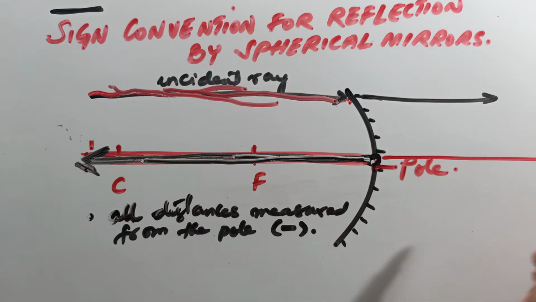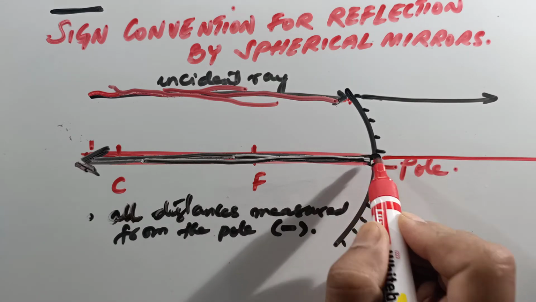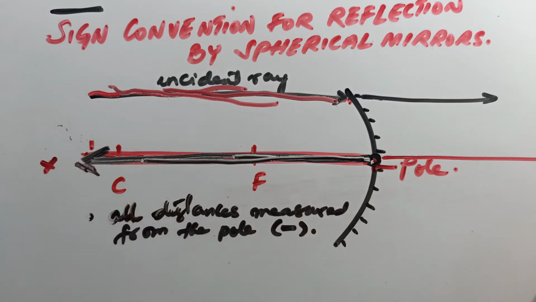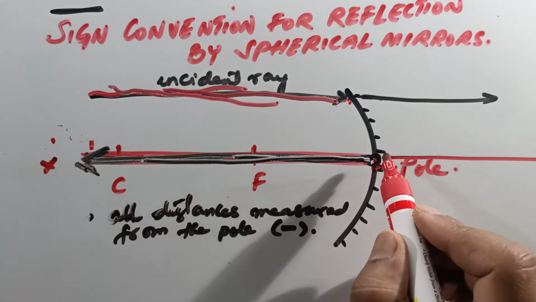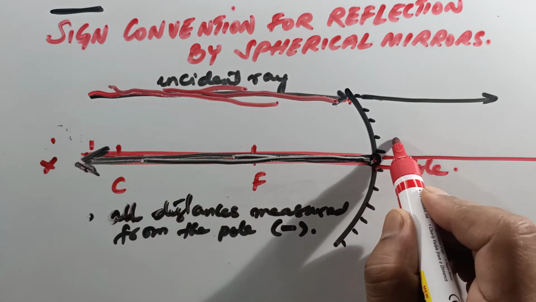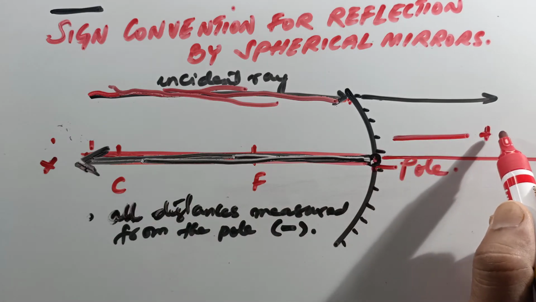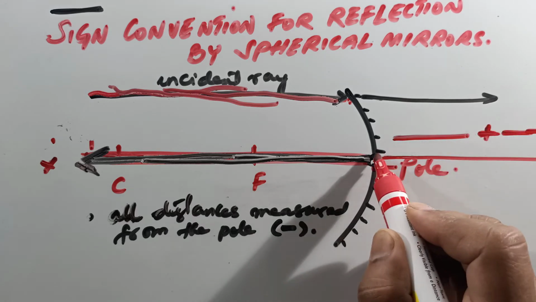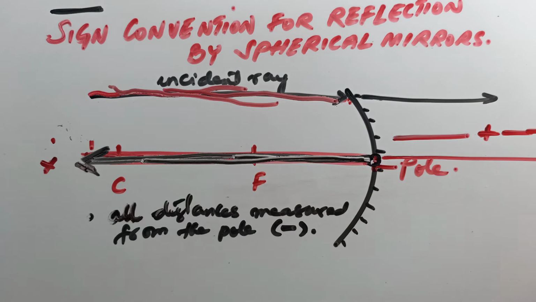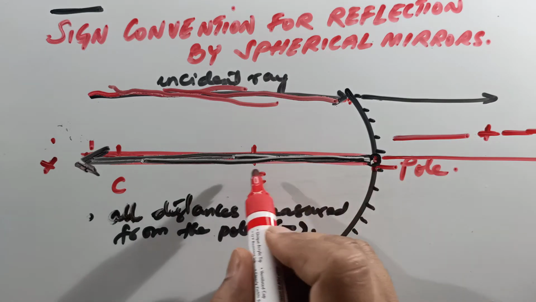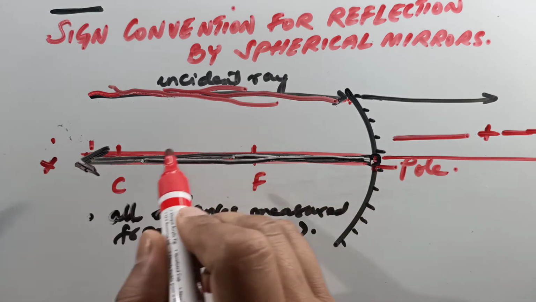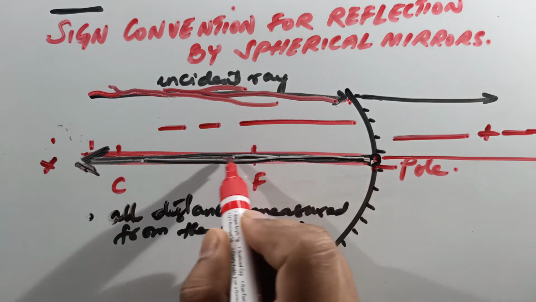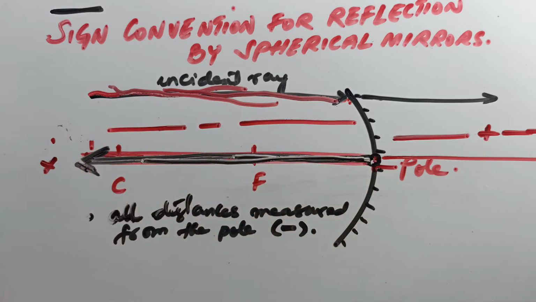Let me extend it. Even in a graph, if this is the origin and this is the x-axis, x dash, all distances measured here are going to be positive. Everything measured from the pole towards the right side will be positive. And in the x-axis this is negative, so all distances measured from the pole towards the left side are going to be negative.